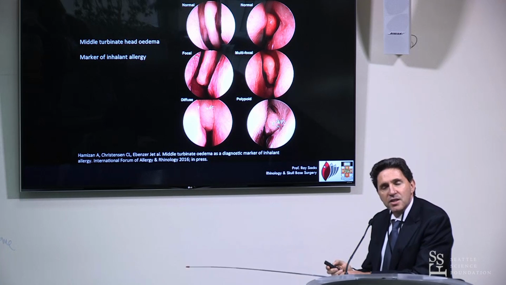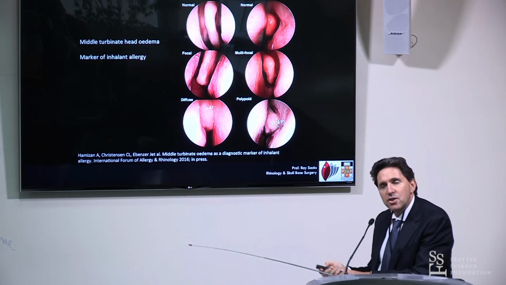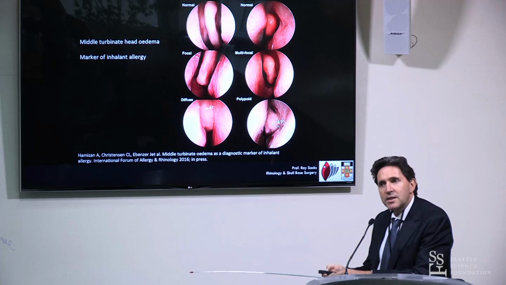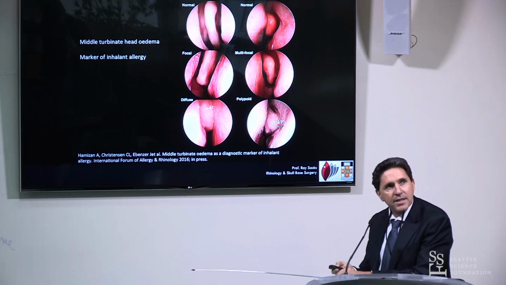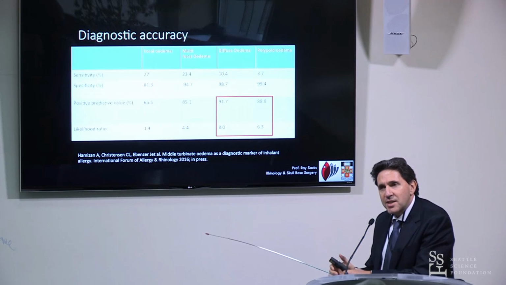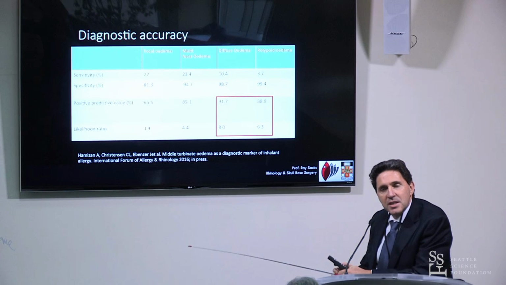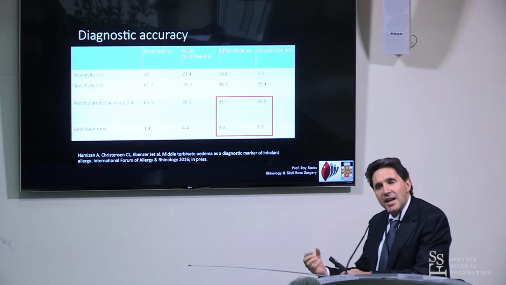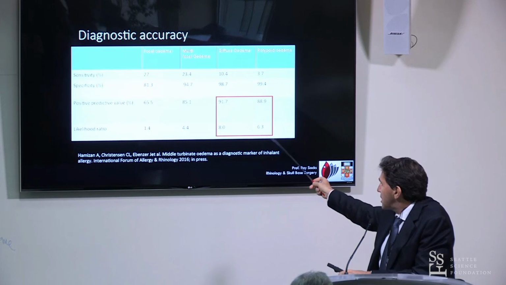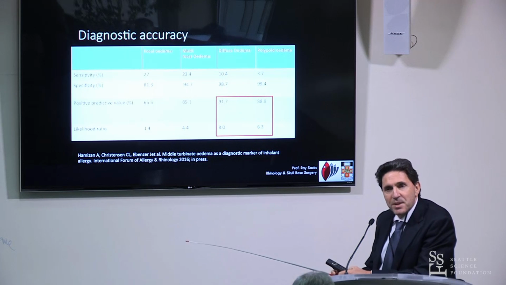And if you look at those different kinds of middle turbinate edema, what does it prognosticate for us? Well, the diagnostic accuracy and the prognostication is that if you've got a diffuse edema or polypoidal edema of your middle turbinate, the likelihood of this being allergy is exceptionally high. It's got a positive predictive value of 90%.